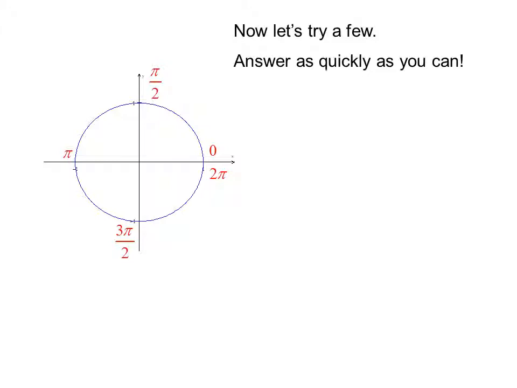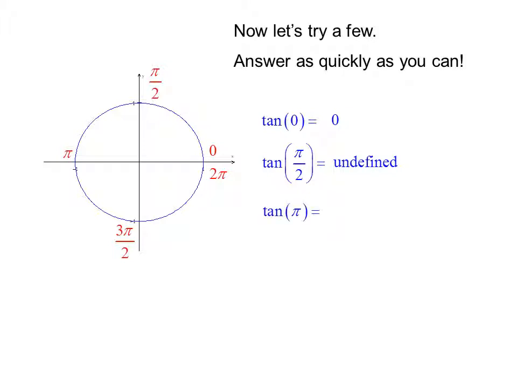Now let's try a few. Answer as quickly as you can. Tangent of 0. 0. Tangent of pi over 2. It's undefined because we'd be dividing by 0.